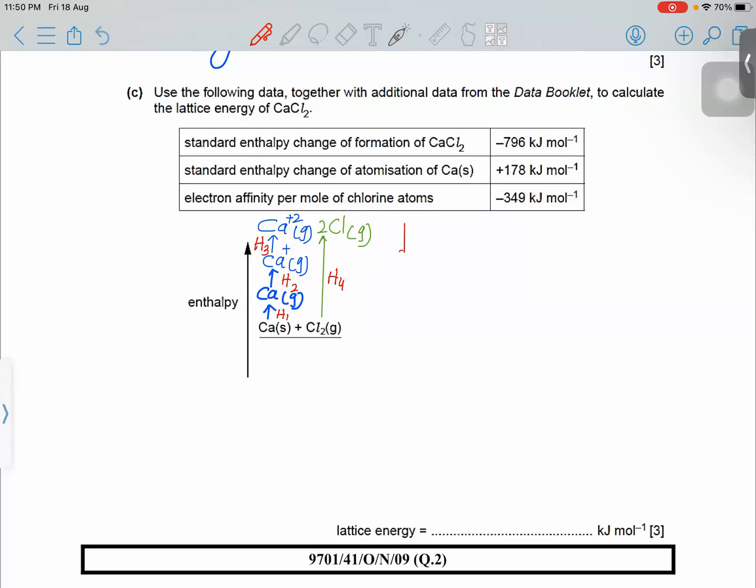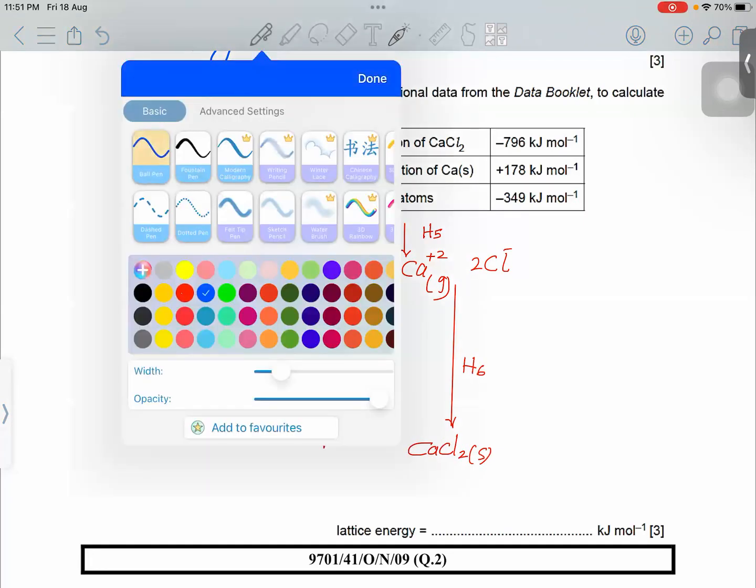Now electrons are given to Cl, so calcium remains 2+ gaseous and chlorine becomes negative. Now these two combine and form calcium chloride solid. This is H5, H6, H7.